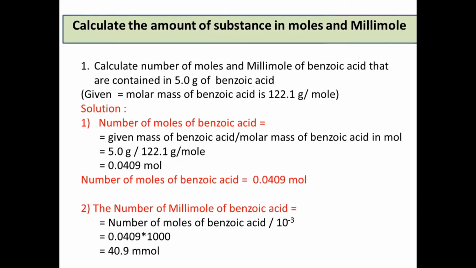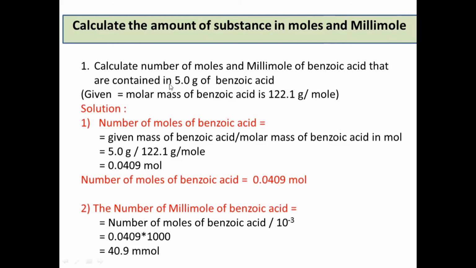In the solution, initially we will go for the number of moles of benzoic acid, and we have the formula: the number of moles of a particular substance is equivalent to the given mass divided by the molar mass of that particular substance. For example, if we have to calculate the number of moles for any substance, the first essential thing is that the mass should be given for that substance, and that mass will be divided by the molar mass of that substance.